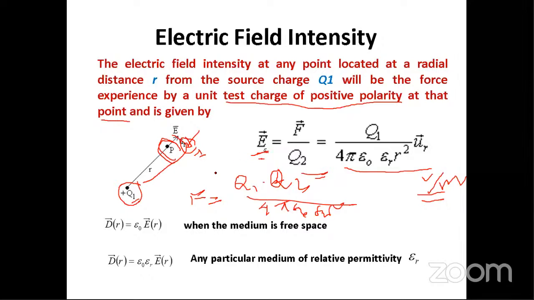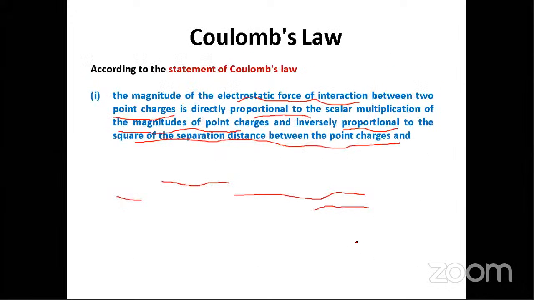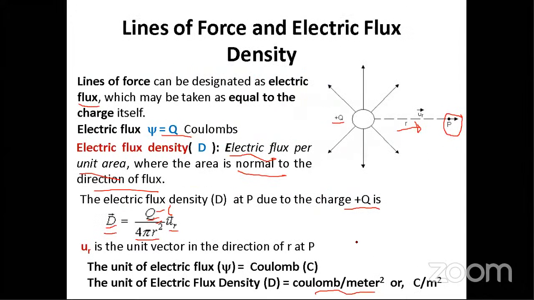Now, if you know the electric field intensity E, you can easily represent the electric flux density in terms of electric field intensity. What is the formula of electric flux density? Electric flux density is charge per unit area. Previously we denoted charge per unit area as Q by 4 pi r square.